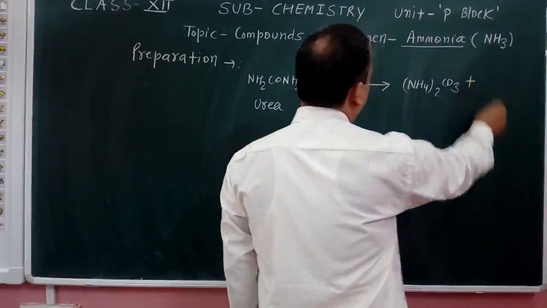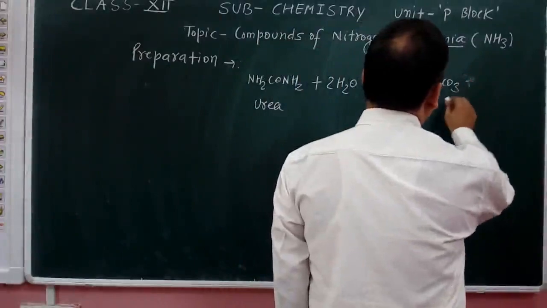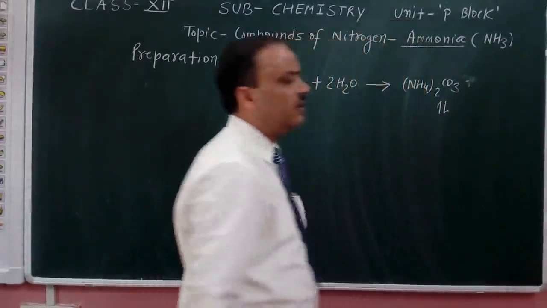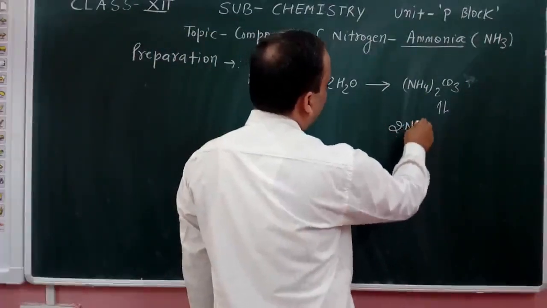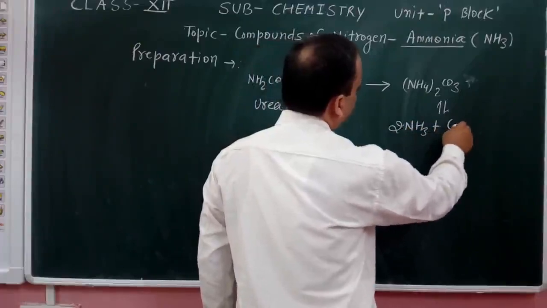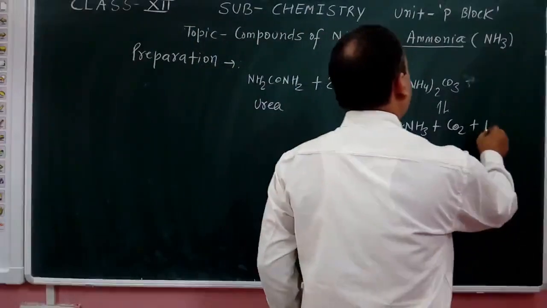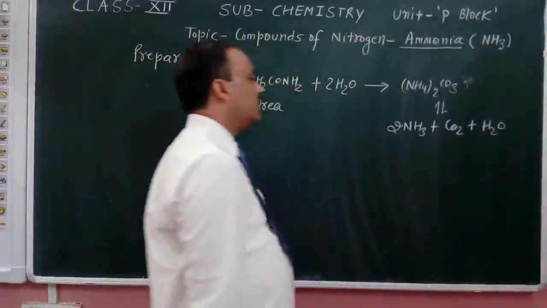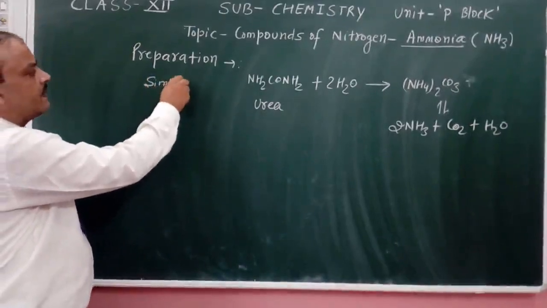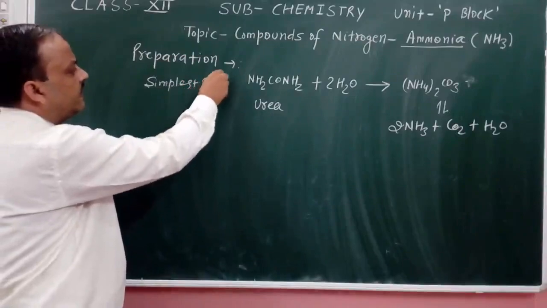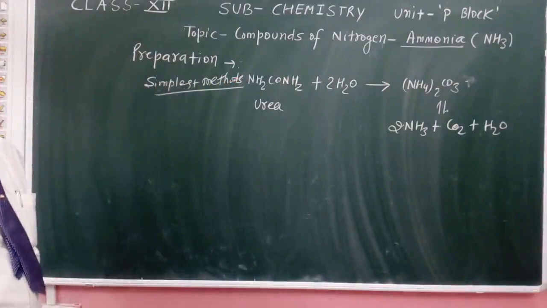This ammonium carbonate is an unstable compound and it gets decomposed into ammonia plus CO2 plus H2O. So that is the simplest method through which ammonia is produced.